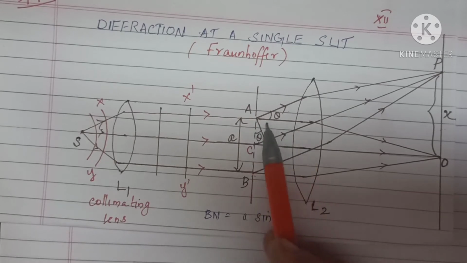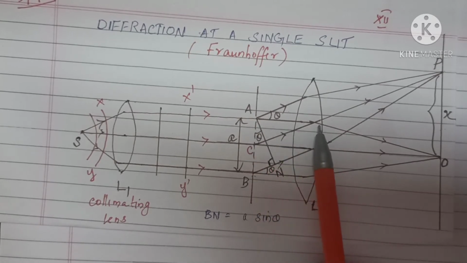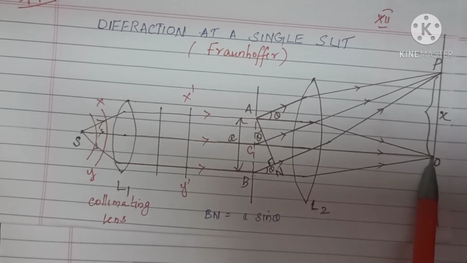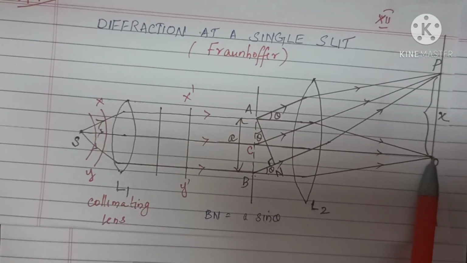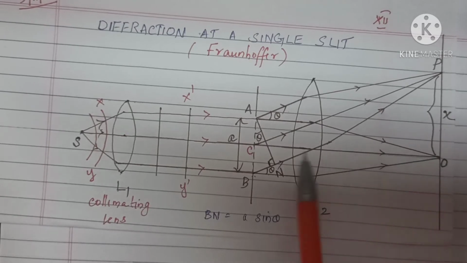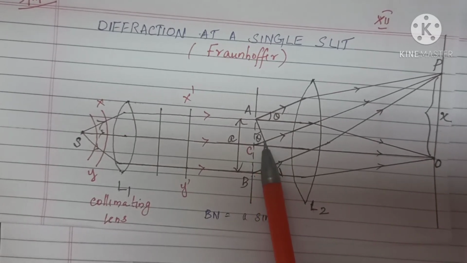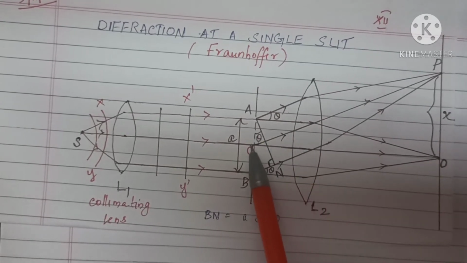Since there is no path difference, they will constructively interfere and form a bright maximum, the central maximum at the point O.